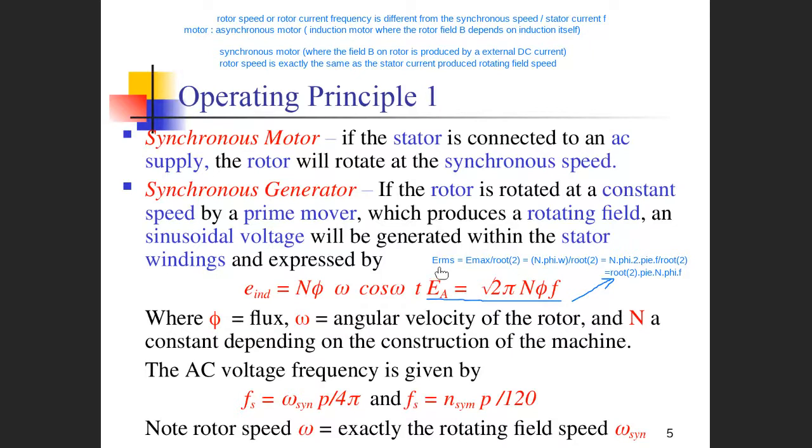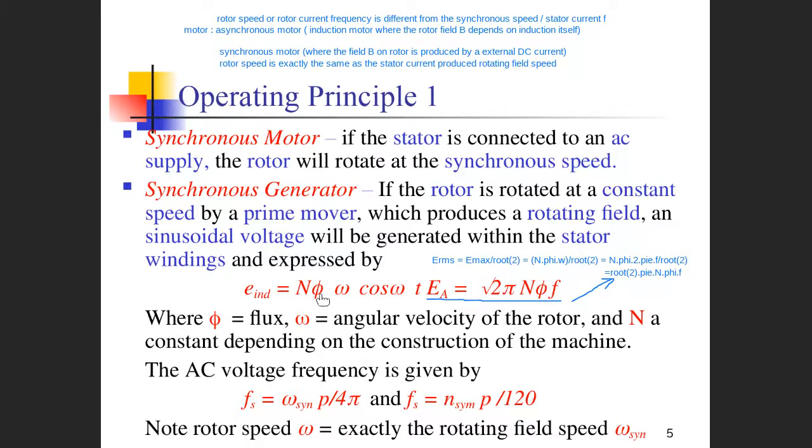The root mean square is the maximum value over root 2, which we learned in chapter 3 of electrology. And the maximum value is the amplitude, which is the number of turns N with flux phi and angular velocity omega, so over root 2.